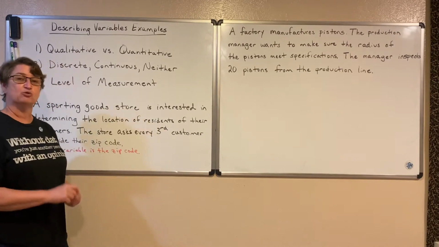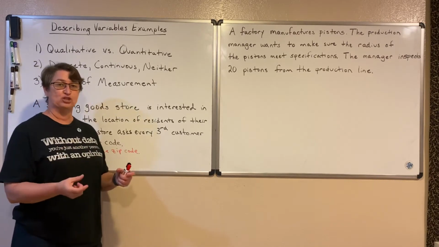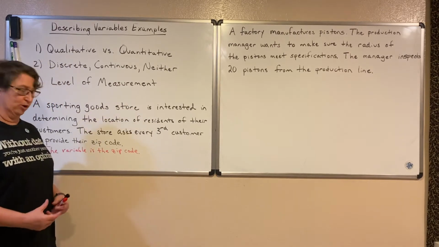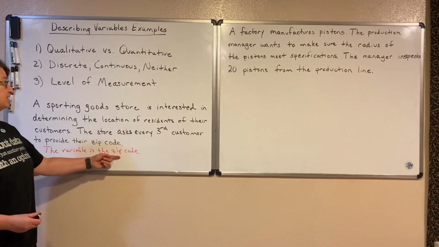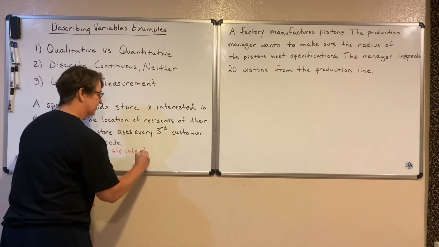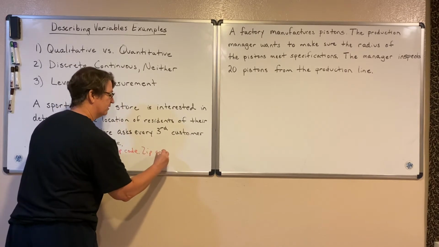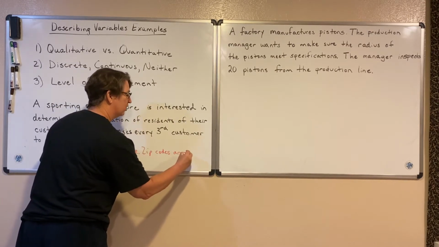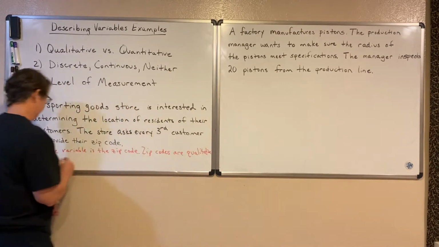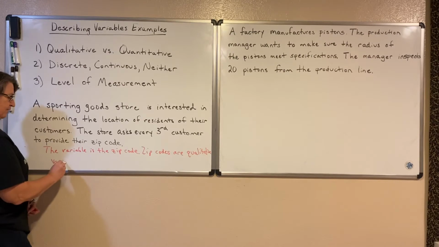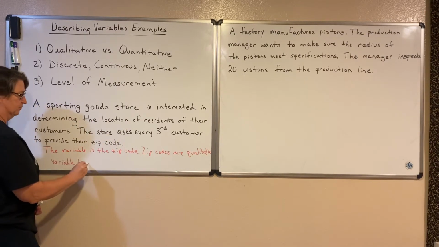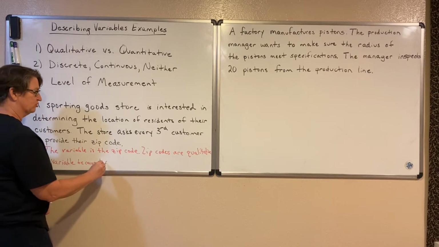So that zip code just really means the location or that place of your home. And that's a category. So therefore, our zip code is a qualitative variable, because locations are a category.